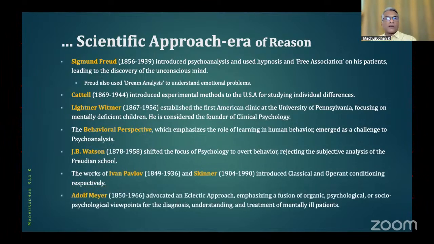Then, Cattell, 1860 to 1944, introduced the experimental method in the US with Binet's instruments. Then Witmer established the first American clinic at the University of Pennsylvania, focusing on mentally deficient children. He is considered a founder of clinical psychology.